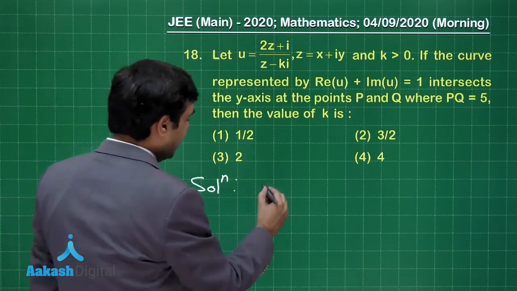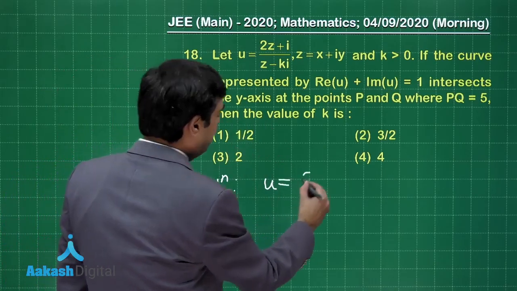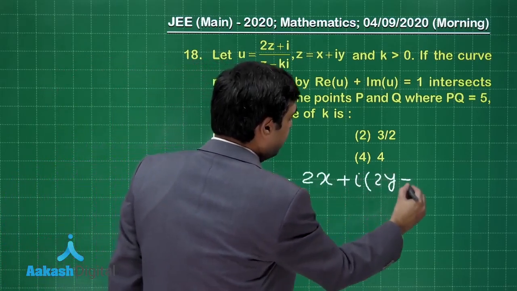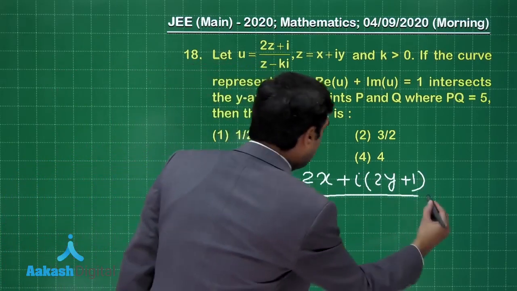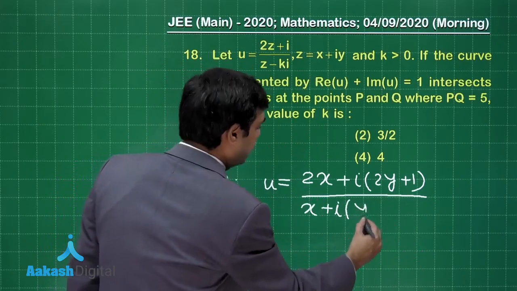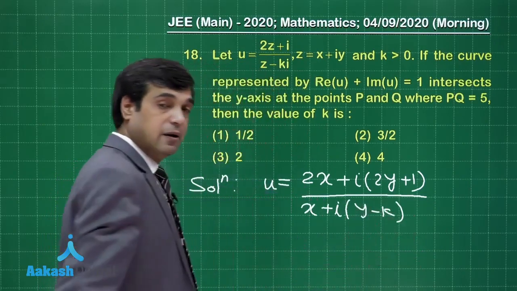substituting z as x plus iy, we have (2x plus i(2y plus 1)) divided by (x plus i(y minus k)). This is clear.